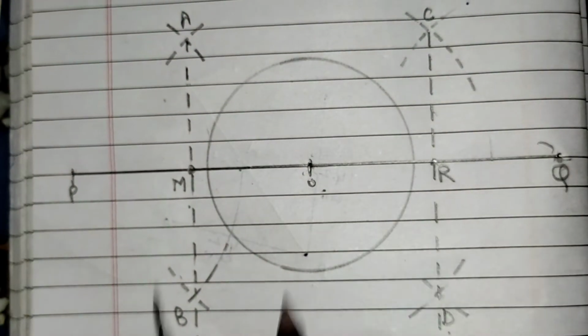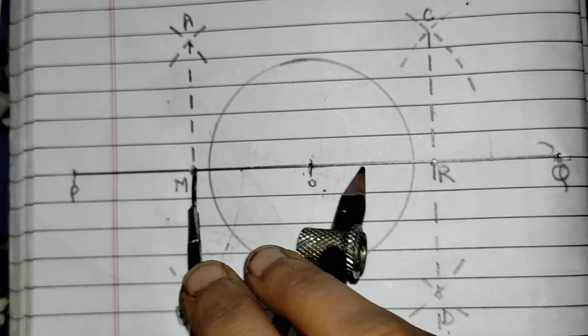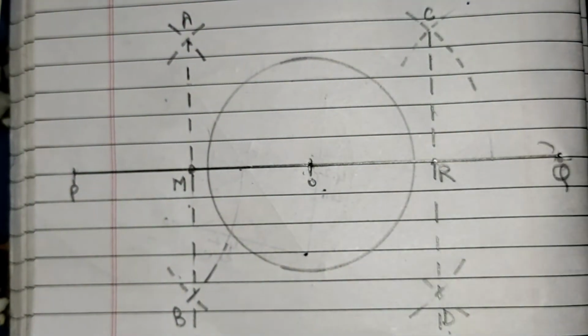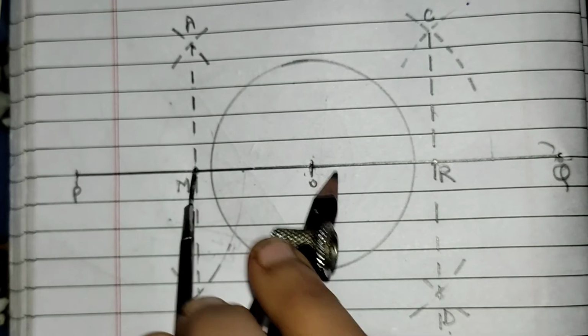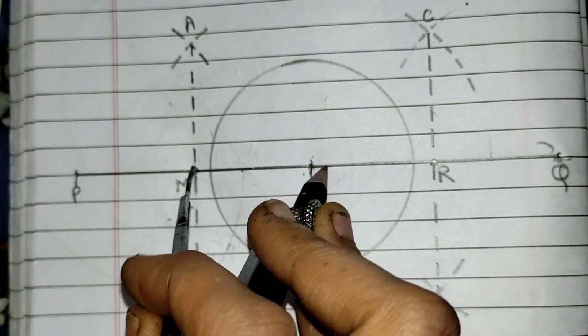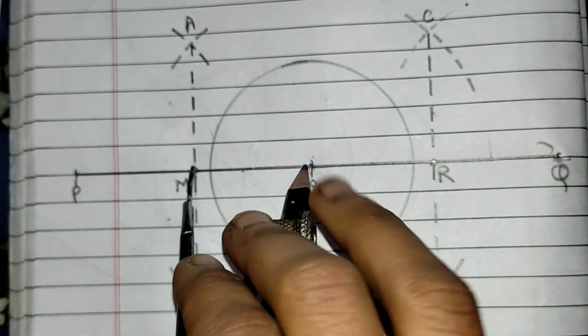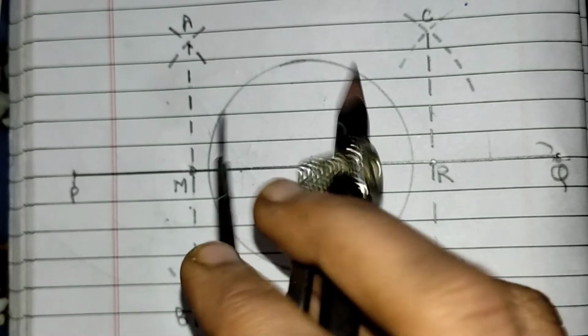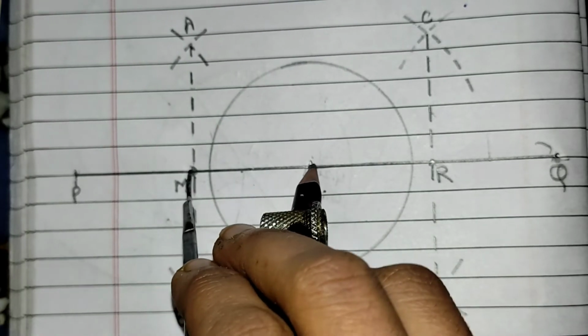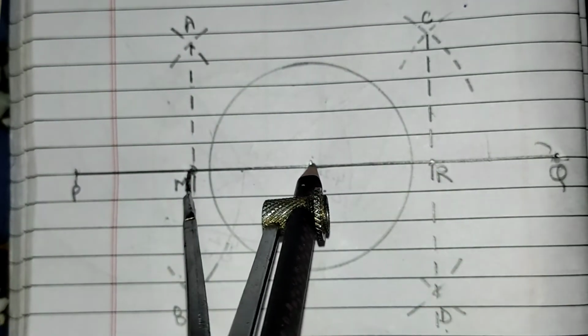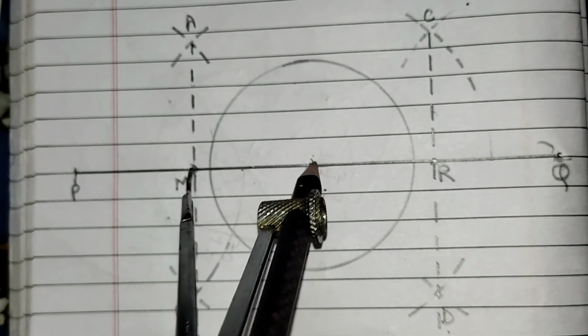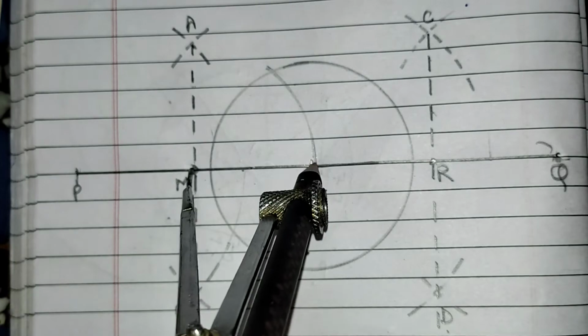Okay, so now the next step is what? Next step is that taking M as center and OM as radius, draw a circle which is going to intersect our given circle at 2 points, right?